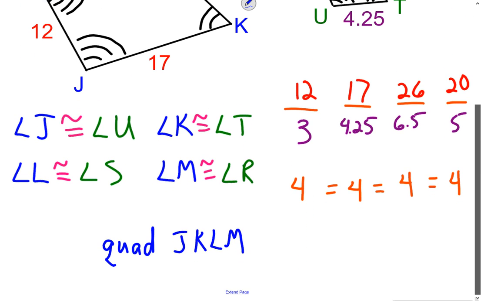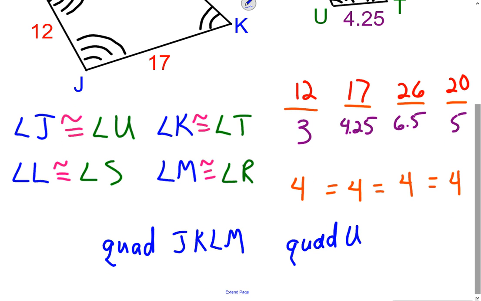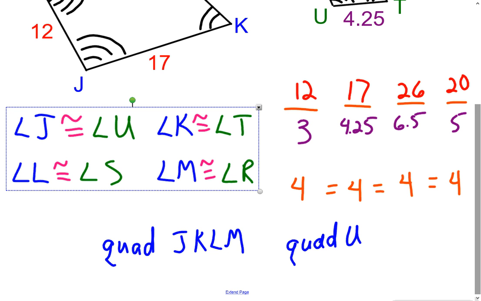Now, this is the important part. When we write quadrilateral for the other one, we have to do it in that same order. So we have to look at J. Angle J from the quadrilateral on the left matched up with which angle from the quadrilateral on the right? Well, that was the U. And then we go to the K. K matched up with angle T.